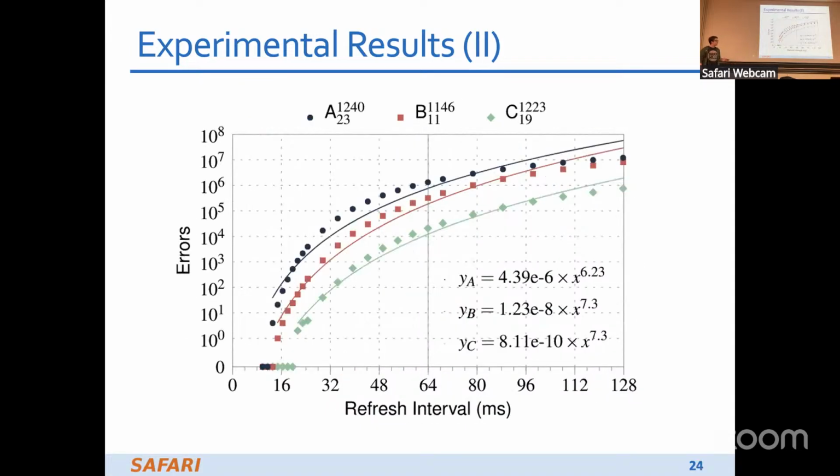They have tested this at multiple refresh intervals, as I have said. So here you can see the refresh intervals. 64 milliseconds highlighted here is the standard refresh interval, and at that one, all three manufacturers in the different colors displayed here have had significant errors.